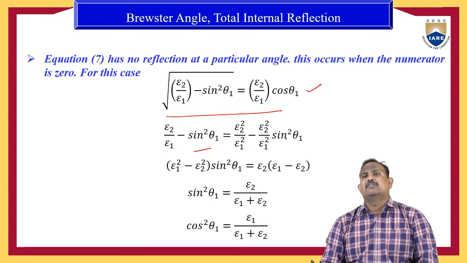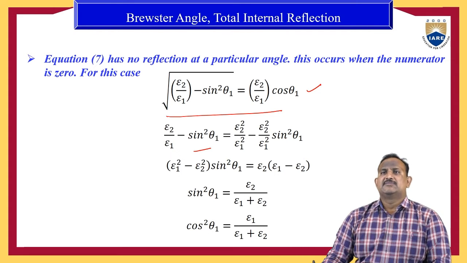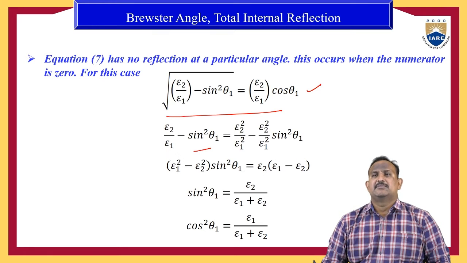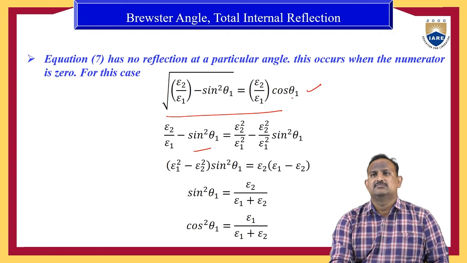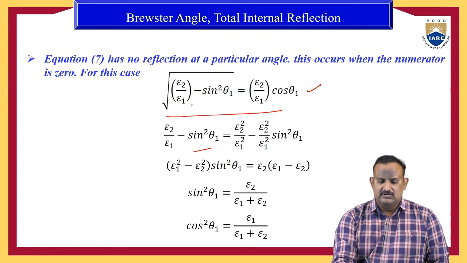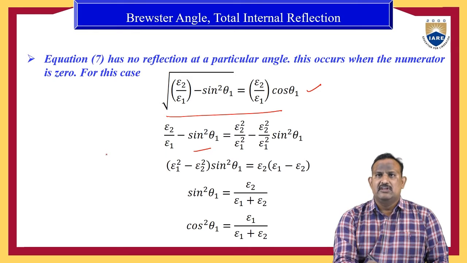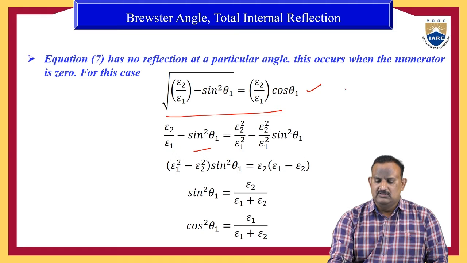Here if we simplify the expression, no need to assume cos theta 1. Square on both sides: epsilon 2 by epsilon 1 minus sine square theta 1 equal to epsilon 2 square by epsilon 1 square into cos square theta 1.